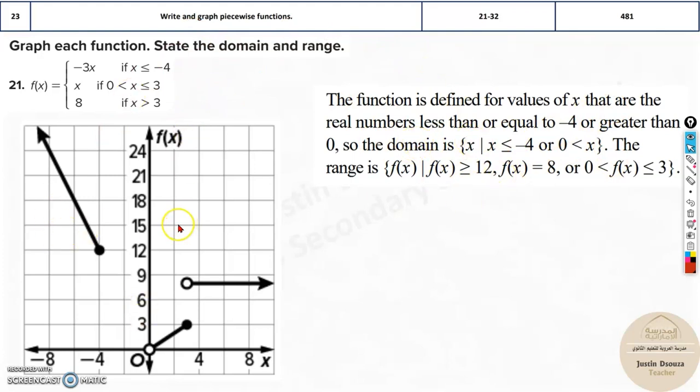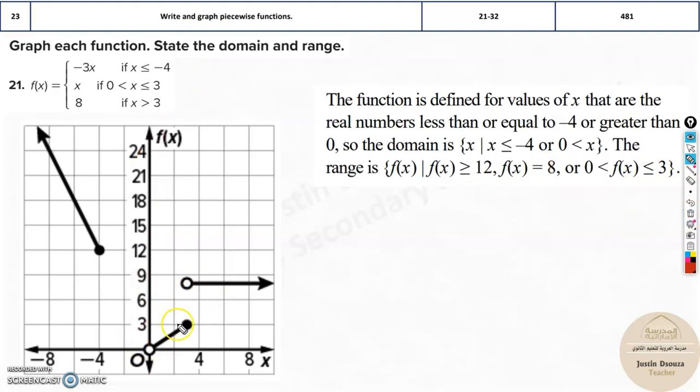And the range as well. Now the range is not all the values. There are some specific values. So you can see them from 0 to 3, and then from greater than or equal to 3. You can see for this function, all the values greater than or equal to 3, but here f of x is 8, a specific point, and from 0 to 3.